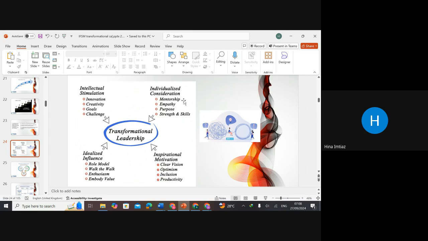And then we have idealized influence. A leader must be a role model for the team, and a leader has such charisma that the team will follow by heart. Only then can you get the results of this transformational change.